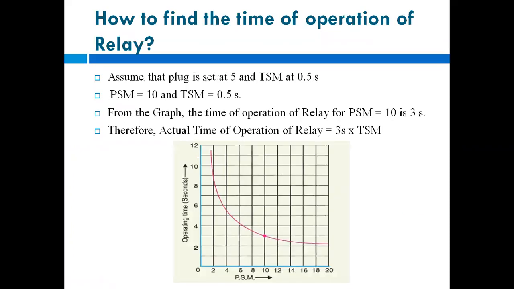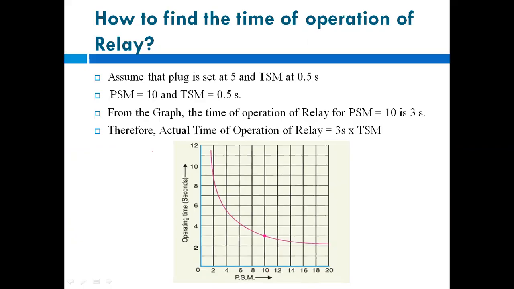Now, how to find the time of operation of the relay? Here one graph is shown. There is operating time in seconds and plug setting multiplier, so you should take this as PSM.